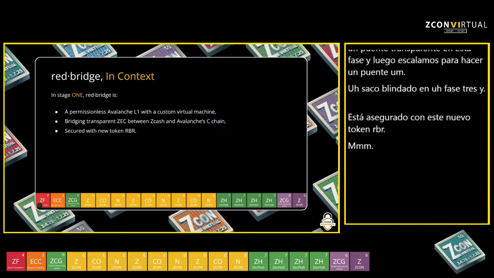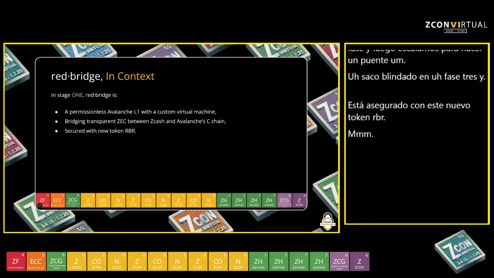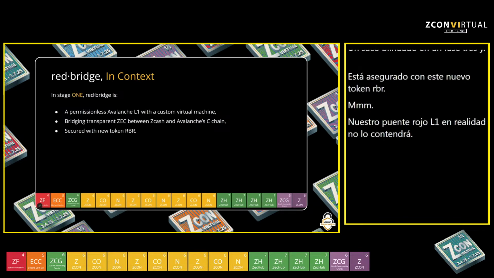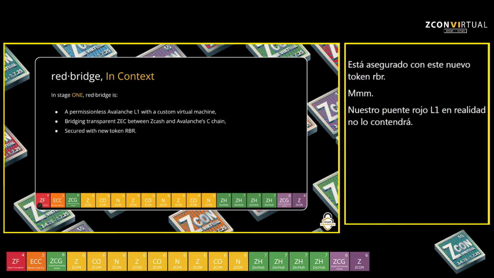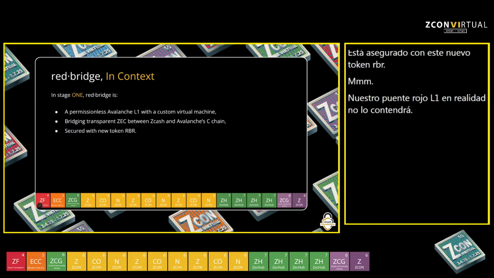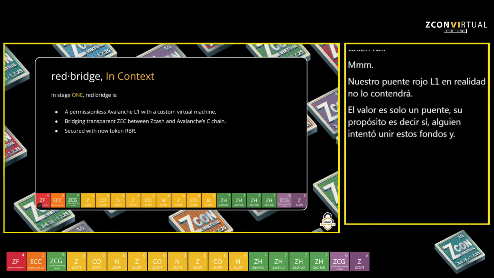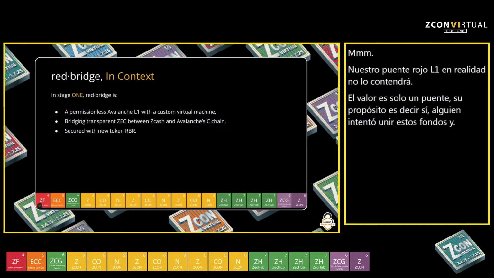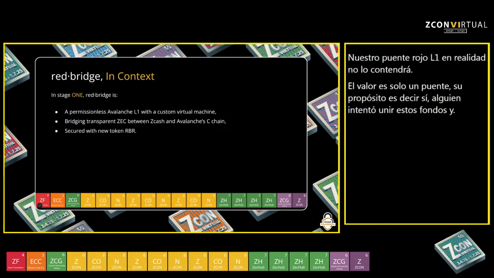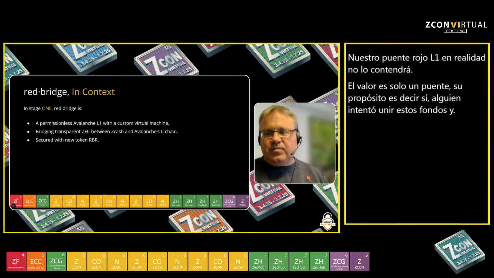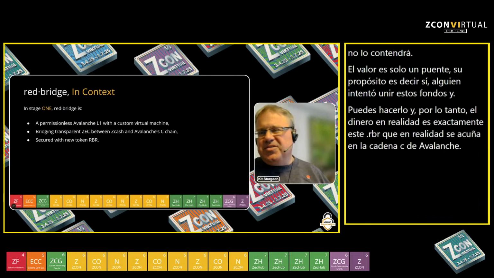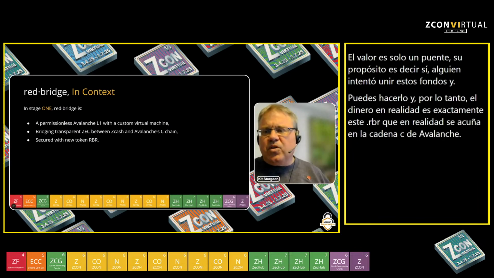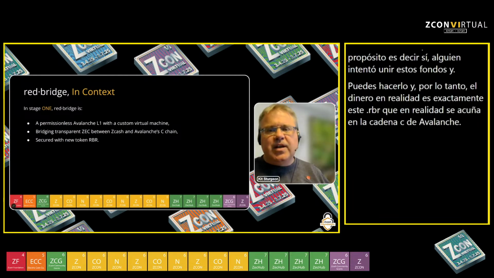Our L1 RedBridge won't actually contain the value. It's just a bridge. Its sole purpose is to say, yes, somebody tried to bridge these funds and you can do it. And so the Zec.RBR is actually minted on Avalanche's C chain, which is an EVM chain that you may have used using MetaMask or Rabby or Core.